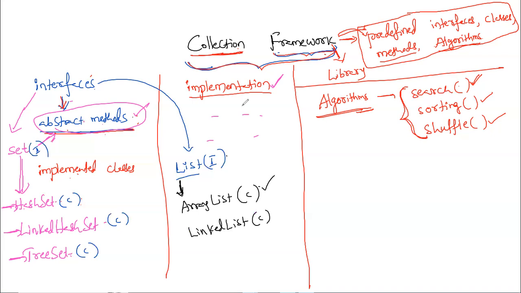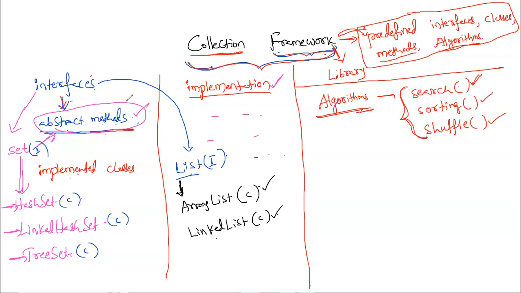In ArrayList the implementation is done already, and in LinkedList also the implementation of the List interface abstract methods is done already in the implementation section of the collection framework. We have to use them. That's all. So this is about the List interface and its implementing classes.